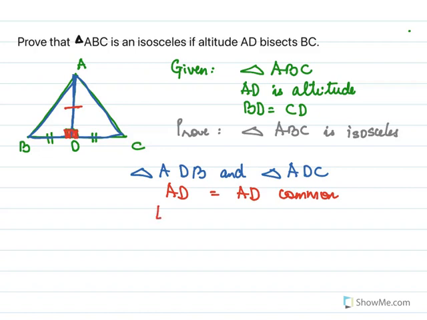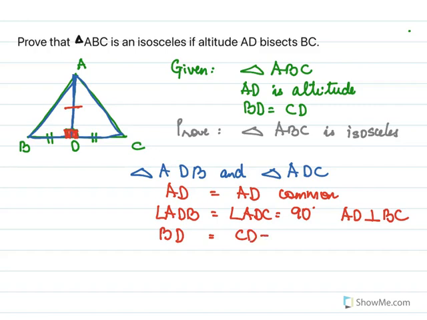So angle ADB equal to angle ADC equal to 90. The reason: AD perpendicular to BC. It is given to us that these two are equal because it bisects. So we have BD equal to CD because AD bisects.